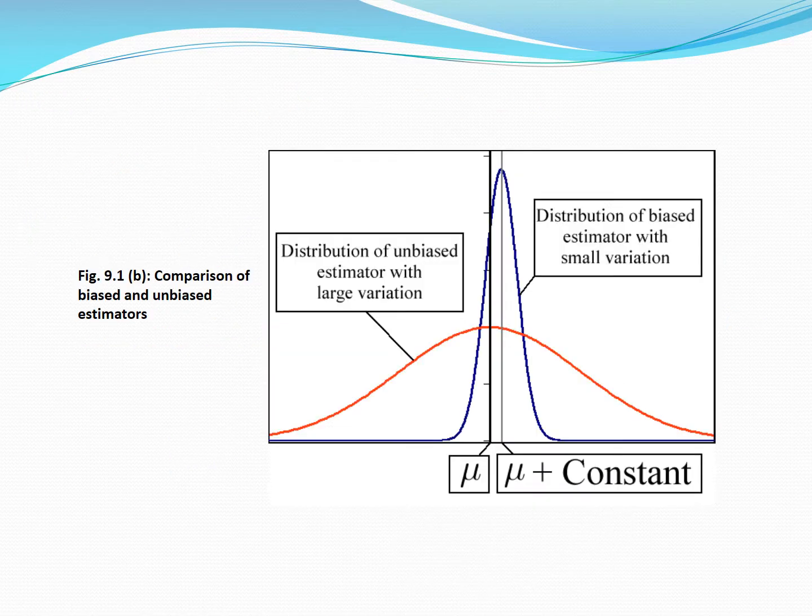In figure 9.1b, they show you the comparison of a biased estimator that overestimates the population mean in this case, but has small variation, compared to an unbiased estimator that has larger variation. So we would prefer the biased estimator in this case, since there's a better chance that that estimator will have a value closer to the true value of the parameter being estimated.